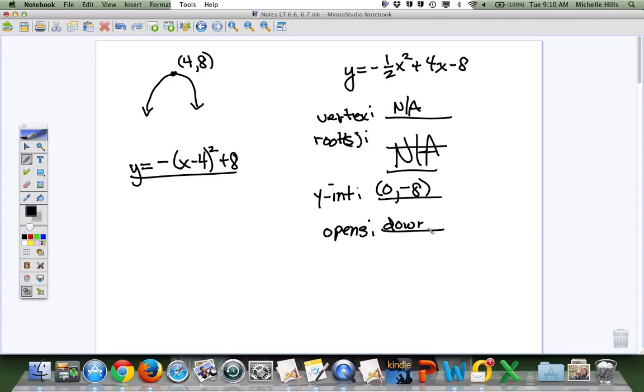Normally I want you to write opens down, but because the word opens is already there, you don't have to. And then what is the scale factor, and what does that mean? Well, the scale factor is the coefficient of x squared. It's the absolute value of that, so 1/2. Remember, the negative just tells me it opens down. The 1/2 is the scale factor. And what that's going to tell me is this is a vertical shrink.